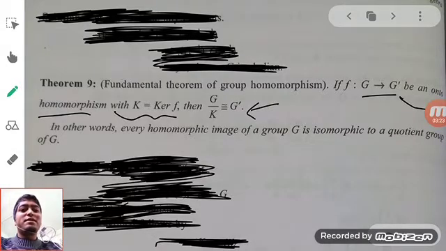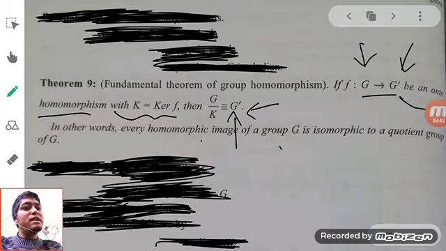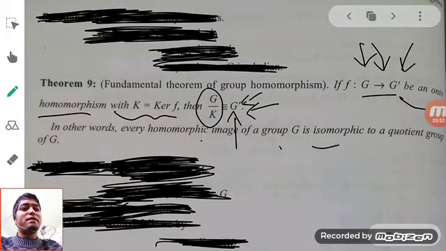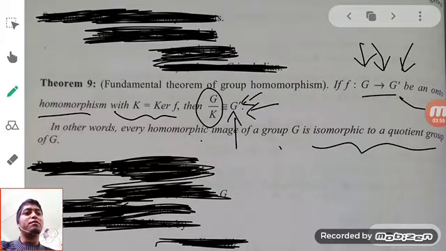So in other words, every homomorphic image of a group G is isomorphic to a quotient group of G. Because if f is onto, this is the homomorphic image. Homomorphic image of G, it is G dash, and G by K is a quotient group. Isomorphic to a quotient group. What we will do today is we will prove this theorem.